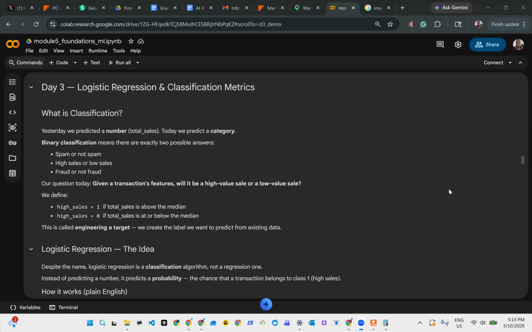So that's a classification problem. Another one we could be familiar with is fraud. In the fraud department of an industry, we usually classify if a transaction is fraudulent or not fraudulent. So all of these examples are classification problems.